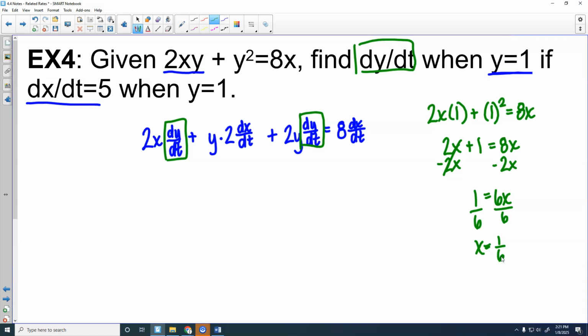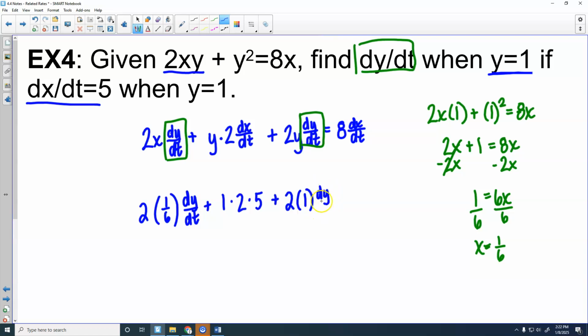And so now we just need to plug everything in. So I've got 2 times 1/6 times dy/dt. I don't know dy/dt, that's what I'm solving for. And then y, which is 1, times 2 times dx/dt, which is 5, plus 2 times 1 times dy/dt.